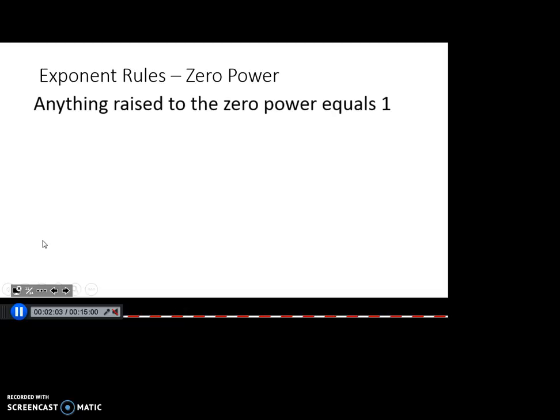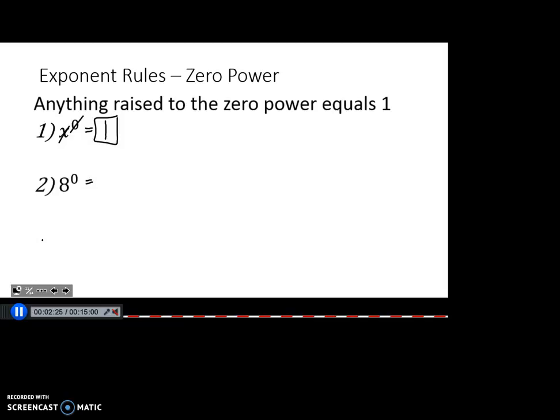So let's look at a few. These are just really basic problems. If I have x to the 0 power, the base goes away and the 0 goes away, and the whole problem answer becomes 1. Doesn't matter if it's a variable or if it's a number.